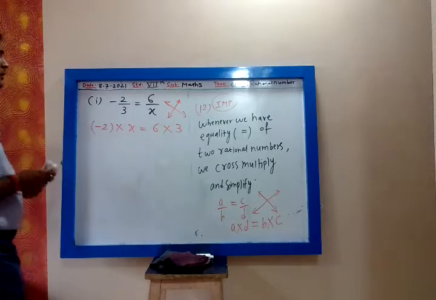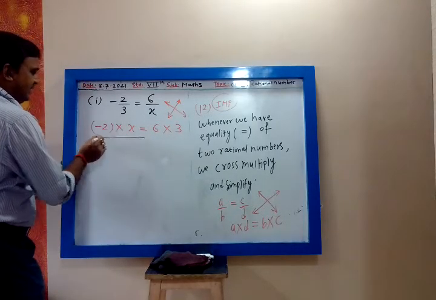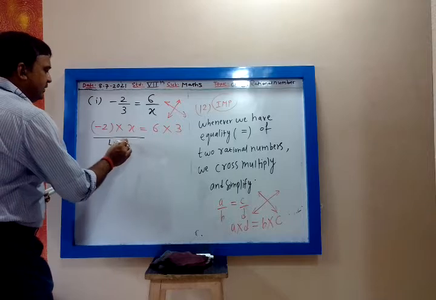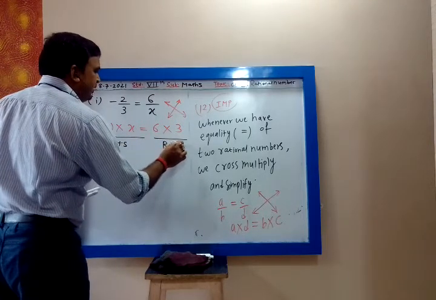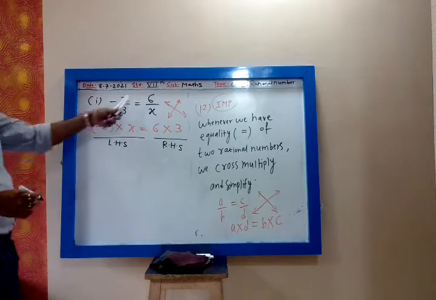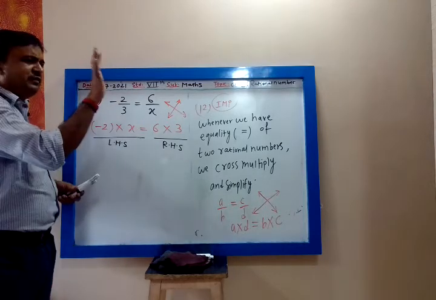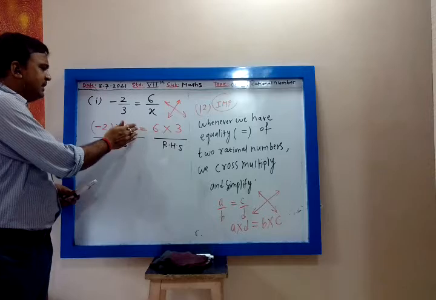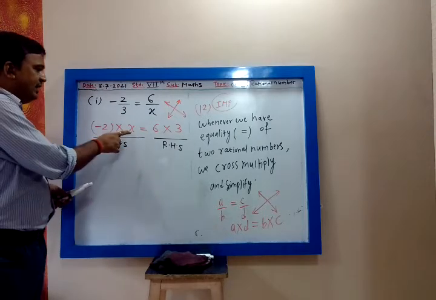Let us simplify. Before equal to, it is my left hand side. After equal to, it is my right hand side. After cross multiply, we have to simplify. Now we want to find x.